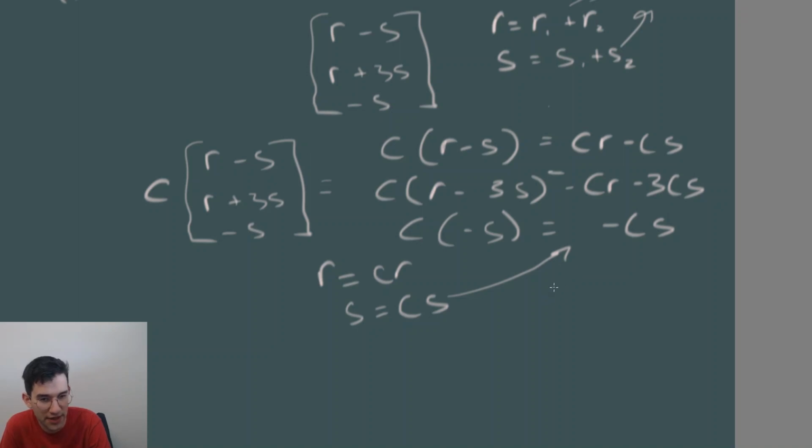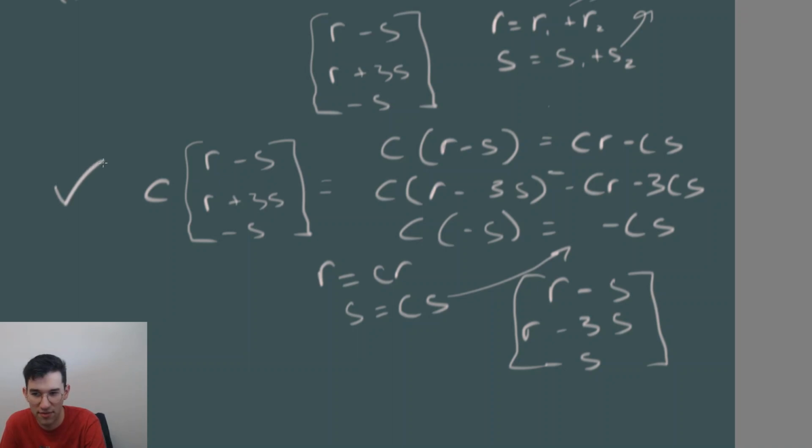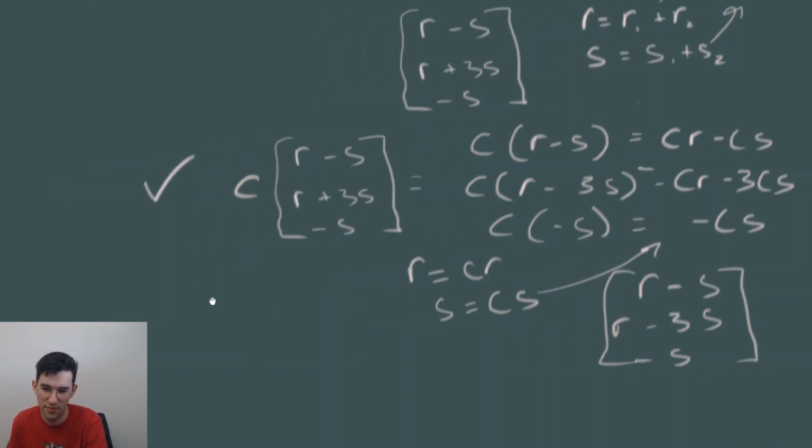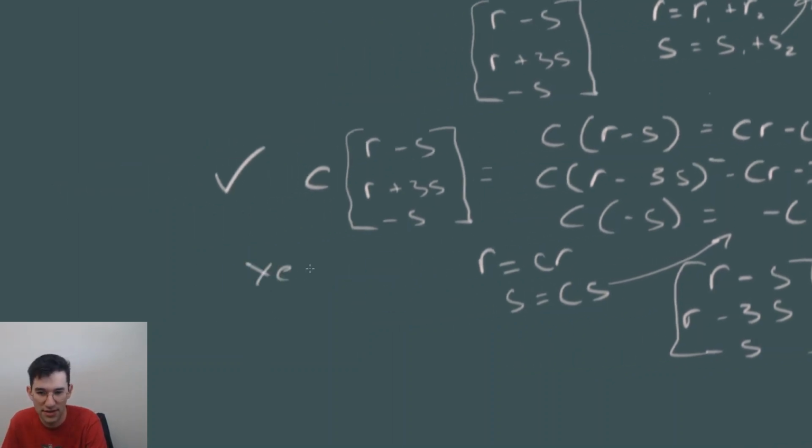So then we can get our original expression, R minus S, and then we replace it here, R minus 3S. We get negative S on the bottom. So we got the same thing. So yes, it is a subspace.